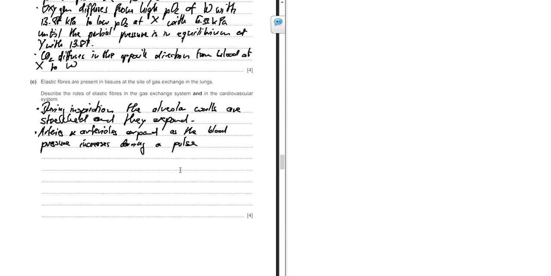Our heart beats, produces a pressure wave. We can feel this pressure wave by feeling our pulse, which is an artery that expands due to this surge in pressure.